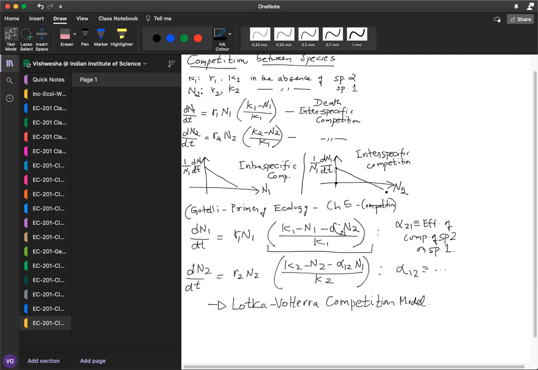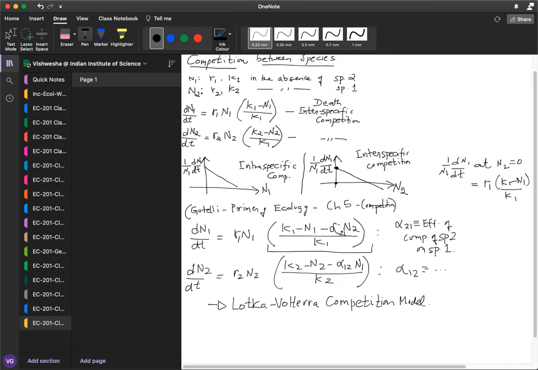So if you want to make an exact association with this, the value here, 1 over N dN by dt at N2 equal to 0 is equal to basically R1 times K1 minus N1 by K1.